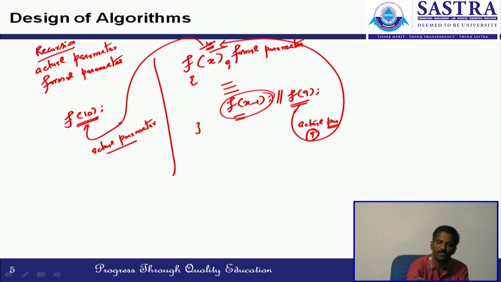The new value of x is 9. Then f of x minus 1, 9 minus 1, next is f of 8. Then the new actual parameter is 8, so the formal parameter x receives the value 8.